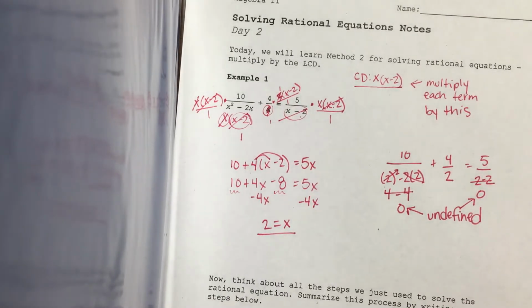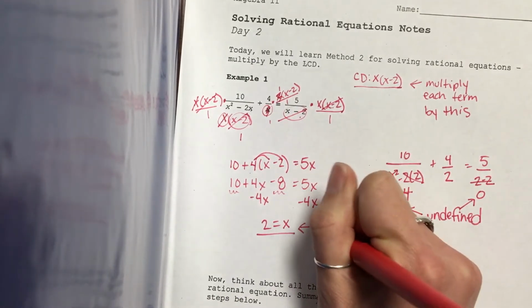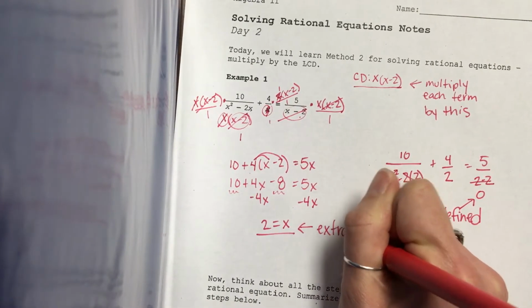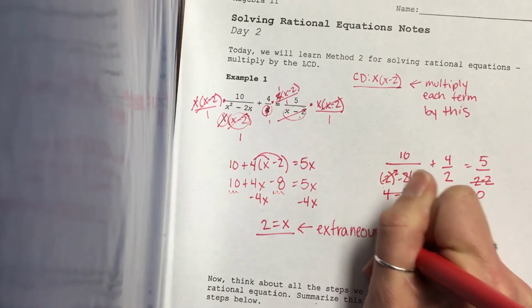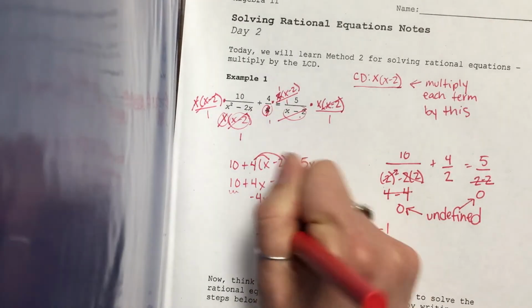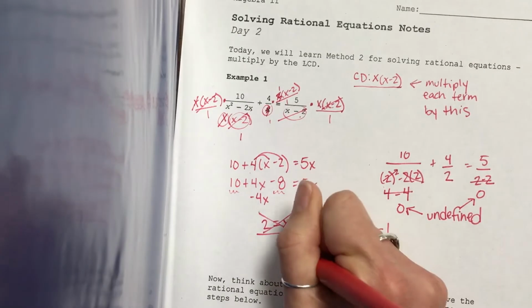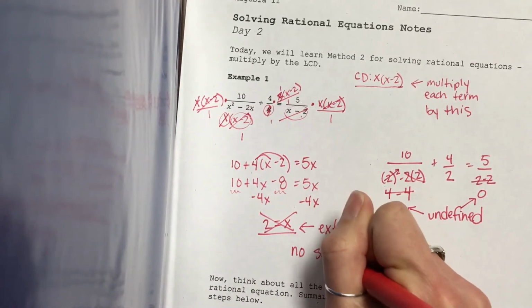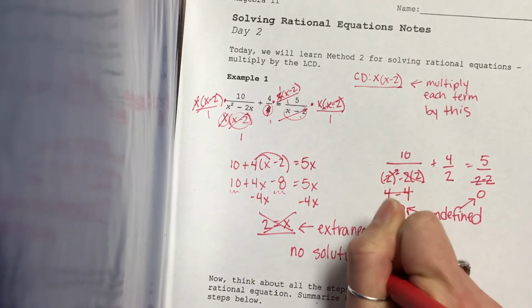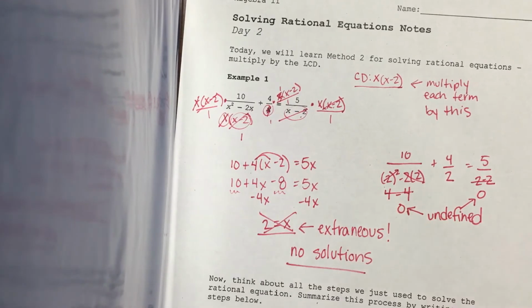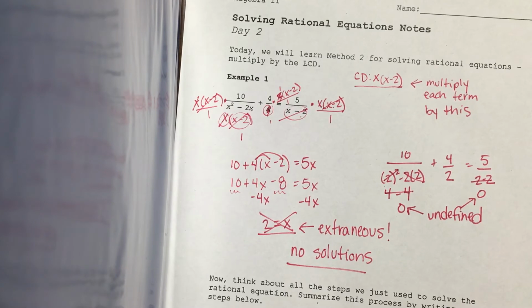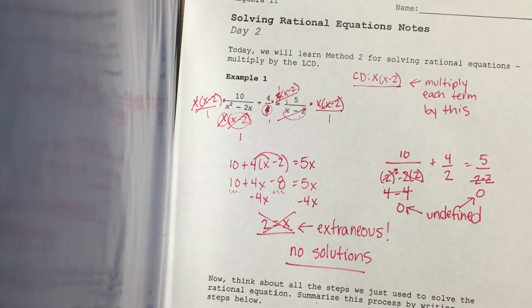Since they're both undefined, that means that this is an extraneous solution. So I can cross it off my list. And for this problem, we actually have no real solutions. Similar to what we saw in our last section, just a different strategy to get to that same answer.